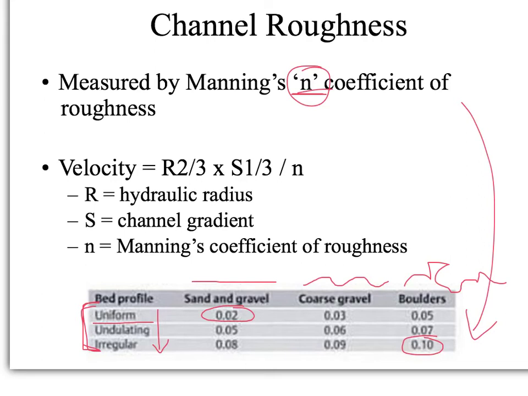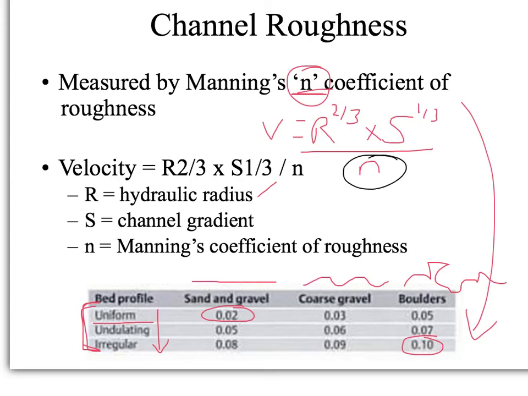Now, this equation here allows us to calculate velocity. So velocity is equal to, I'm just going to rewrite this because it hasn't come across very well, the hydraulic radius R to the power of 2/3, multiplied by the channel gradient to the power of 1/3, all over this value of N. And so very simply, for you non-mathematicians out there, if the value of N gets bigger, then the value of V will decrease.